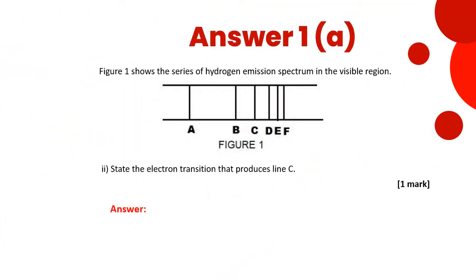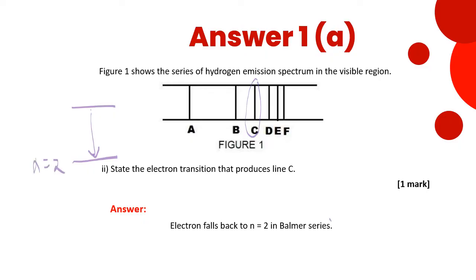Now, how are we going to get the answer for this? In order to get line C, we know the electron will always drop from a higher energy level to n equal to 2, because all Balmer series will have electron falling back to n equal to 2. So the first line of Balmer, we have electron dropping from n equal to 3 to n equal to 2.